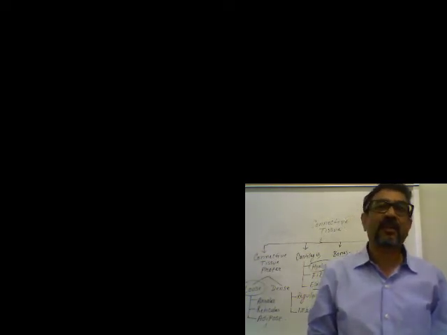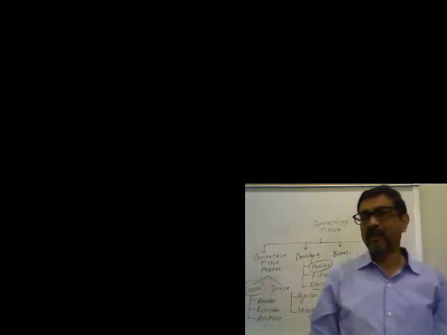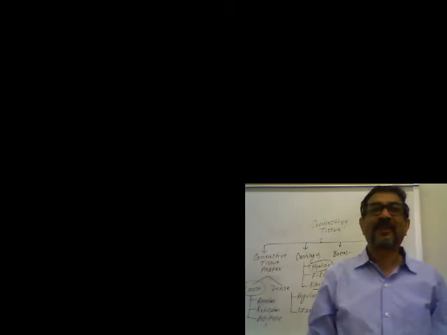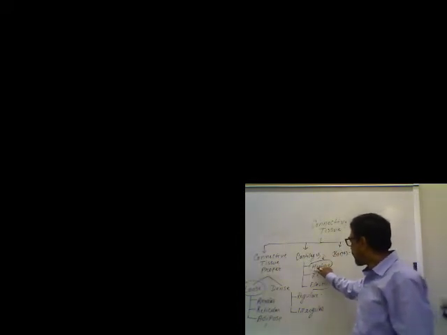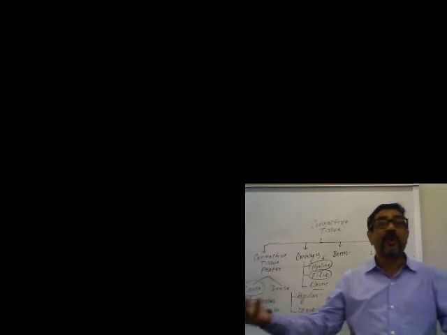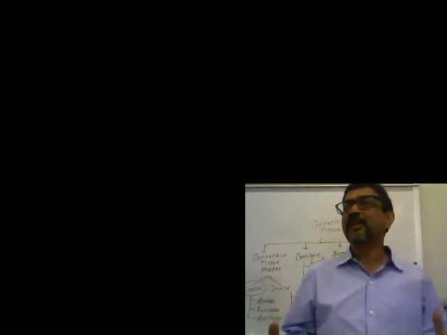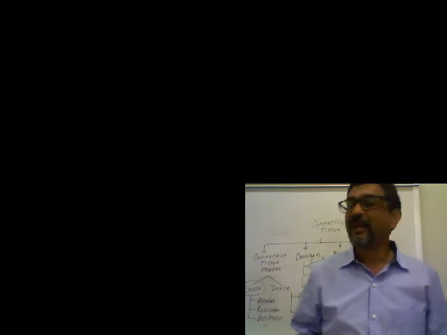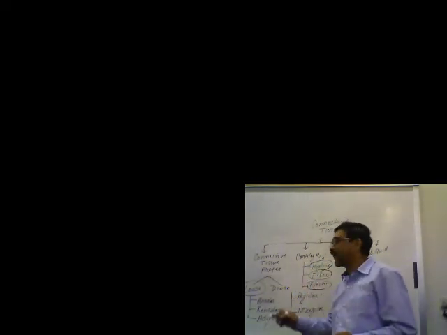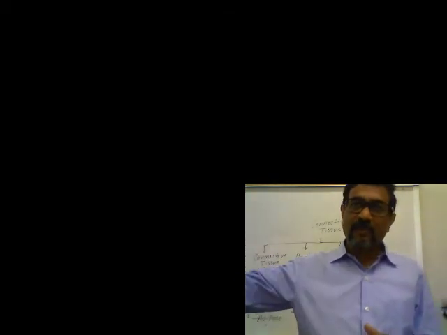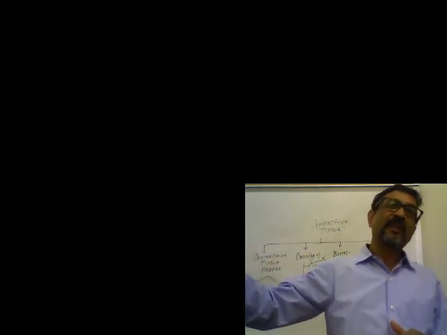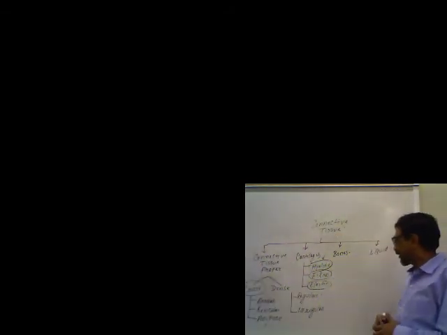In the matrix, we don't see fibers. So when you see it under the microscope or in a picture, you will see ground substance but no fibers. That is hyaline. In fibro, you have a lot of fibers. That's why it is called fibrocartilage, because you will see a lot of fibers. In elastic, you will find elastic type fibers. So it is easy to separate. No fiber in the matrix, hyaline; a huge amount of fibers, that is fibro; and if you see elastic fibers present, that is elastic.